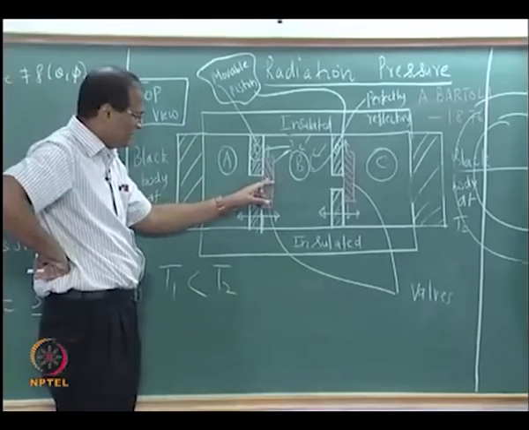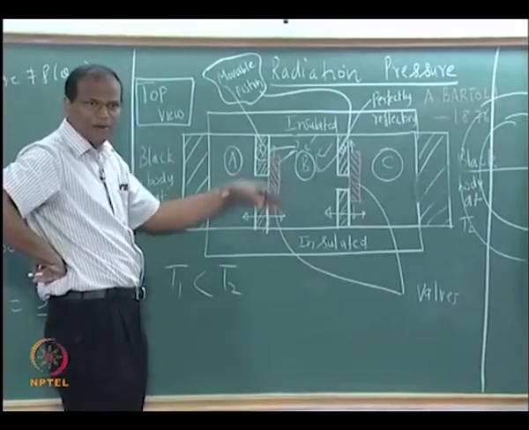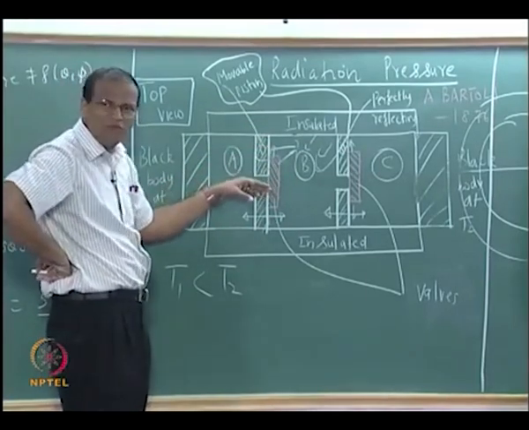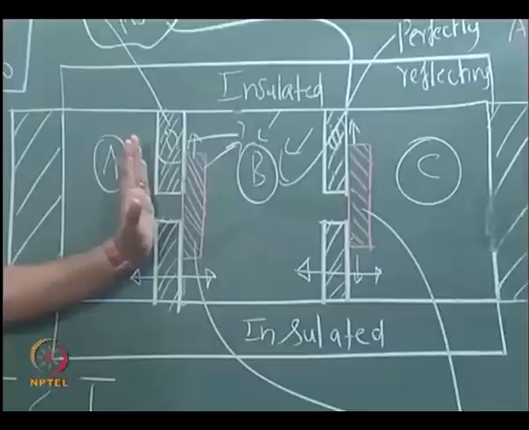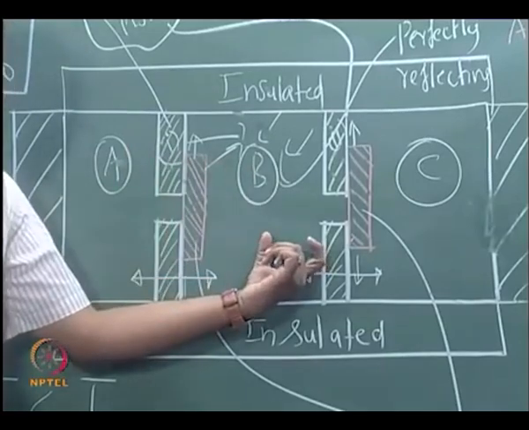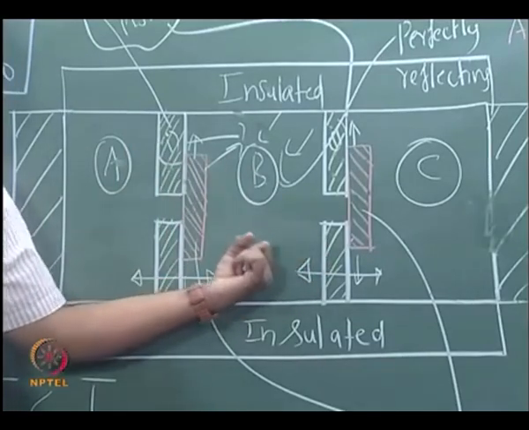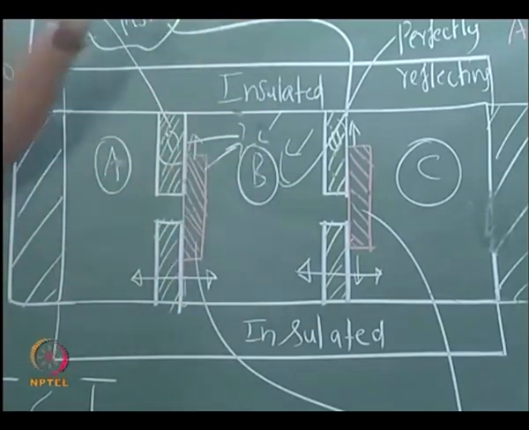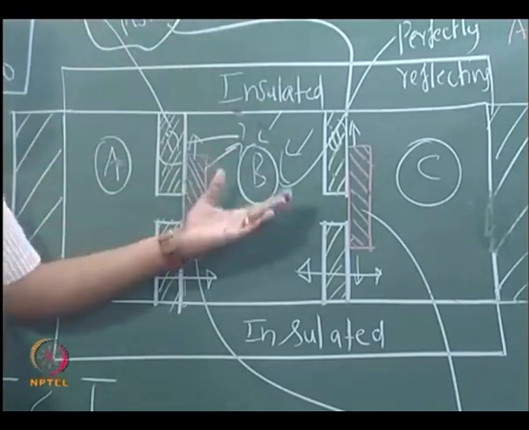Now this red valve is slid closed, and then piston 1 moves towards this such that this area becomes less, so the volume becomes less, therefore the radiation energy density increases to a value corresponding to a black body at T2.